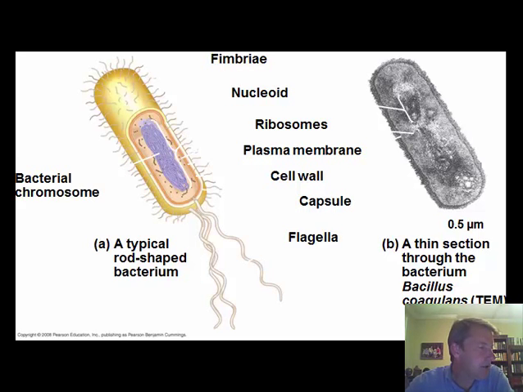In prokaryotic cells, the genetic information is not housed in a membrane-bound organelle like in our eukaryotic cells. It has genetic information, but it just kind of floats around within the structure itself.